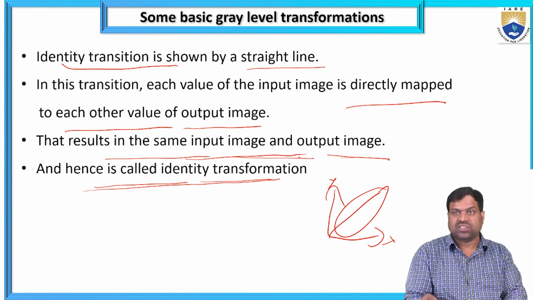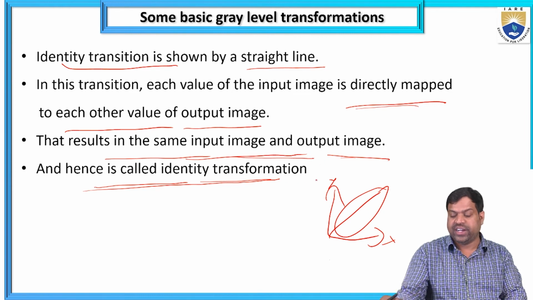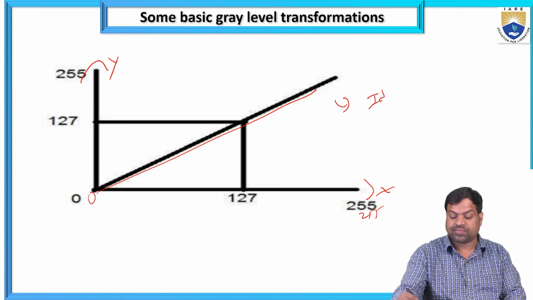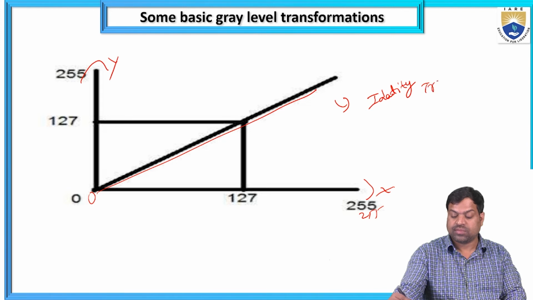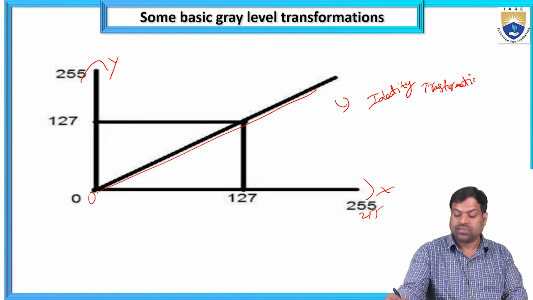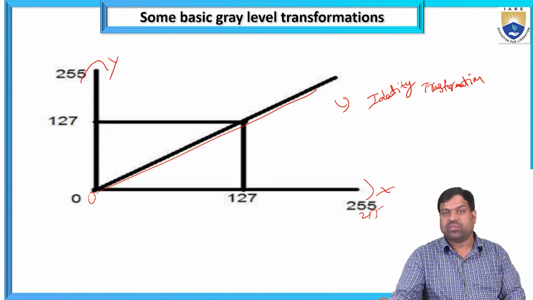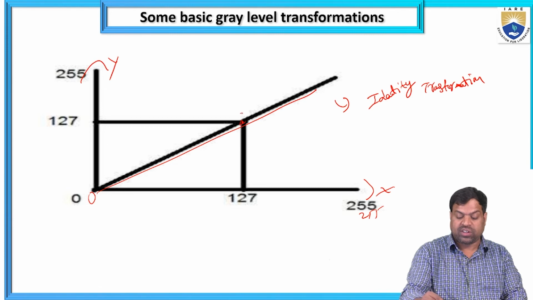The input image is directly mapped to the output image, which is called the identity transformation. Identity means x and y values are the same, a common point for x and y values.